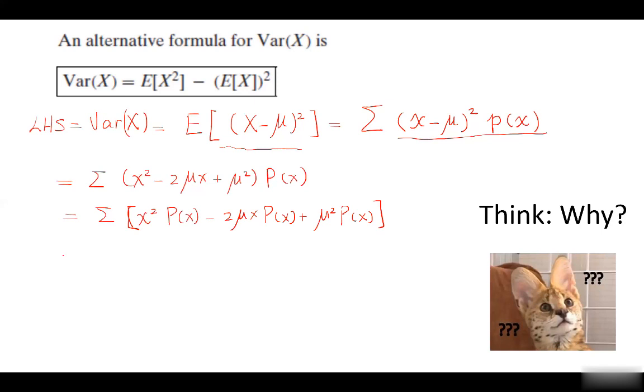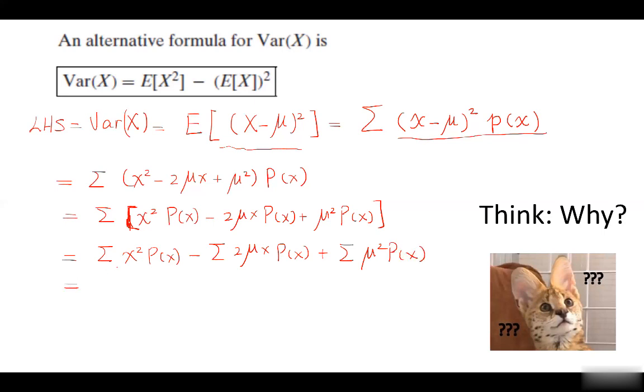And then we find the sum of the three parts respectively. This means sum of x squared p(x) minus sum of 2 mu x p(x) plus the sum of mu squared p(x), right?